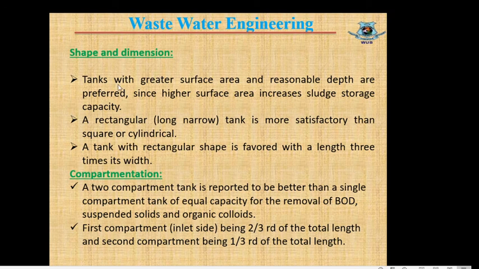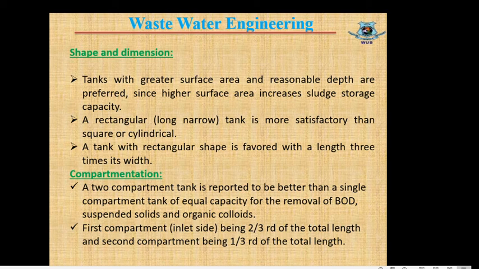Shape and dimension. Tanks with greater surface area and reasonable depth are preferred, since higher surface area increases sludge storage capacity. As we have learned from the course of water supply engineering while designing a sedimentation tank, the efficiency of the tank is dependent on the surface area, not on the depth of the tank.